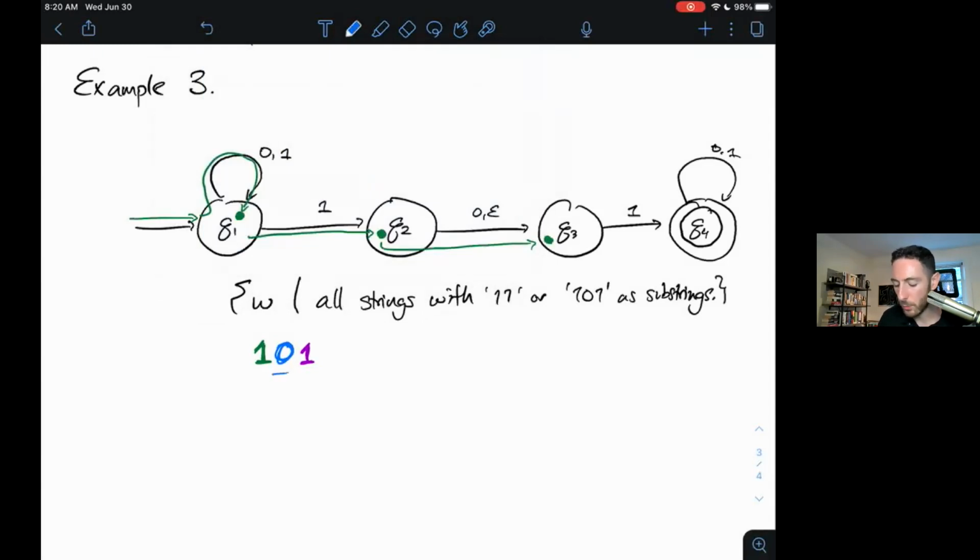Now on round 2, we read in this 0. Our first branch is going to follow the 0 edge, and it's going to stay in this first state. There's no other 0 edges it can take, so it stops. Our second branch is in this second state. It's going to take the only edge it can take, which is a 0 edge.